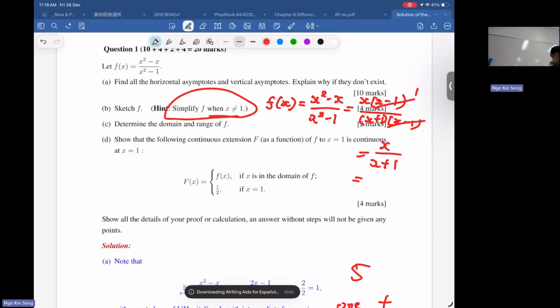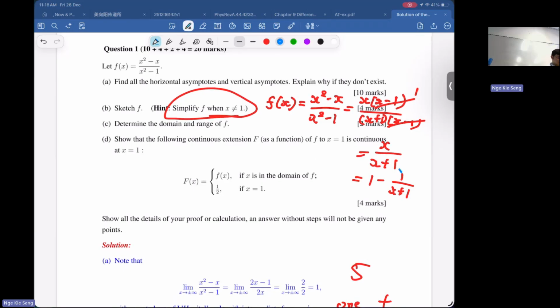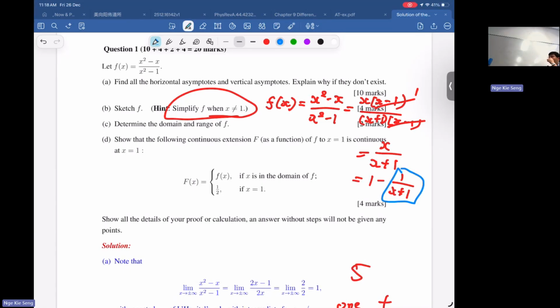But what is this? This is 1 minus 1 over x plus 1. This is what I want you to draw out. So the basic shape you should at least draw is this, 1 over x plus 1.